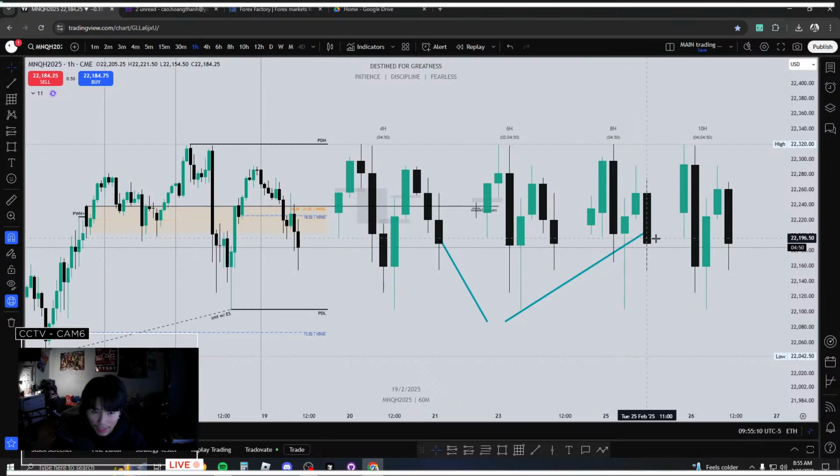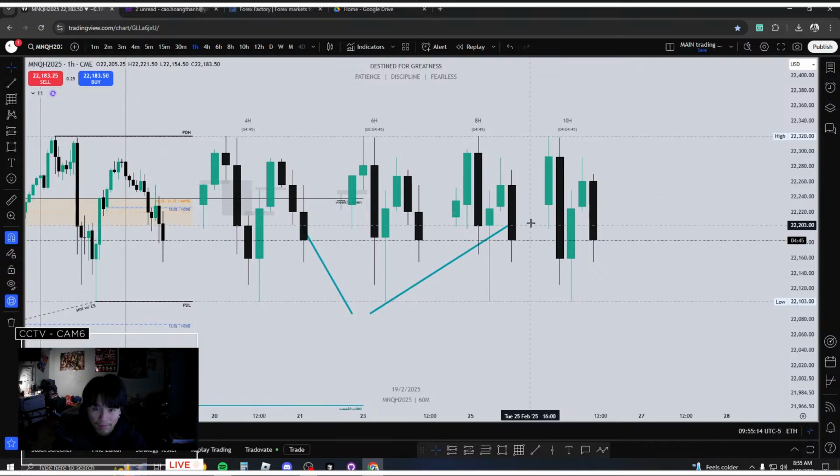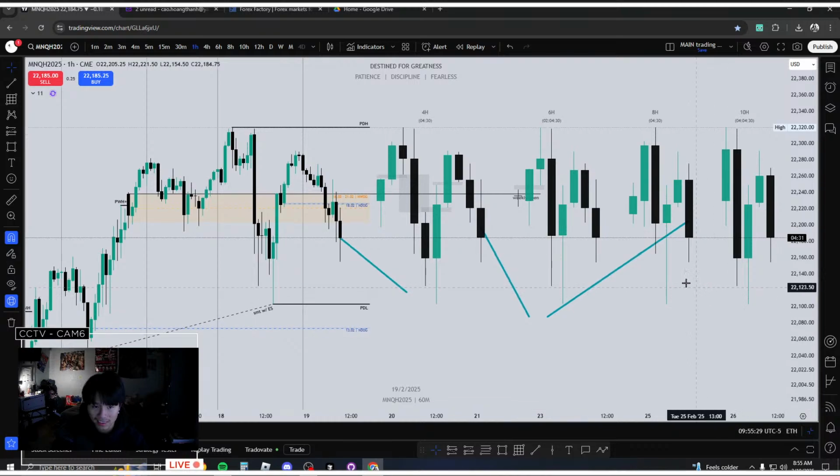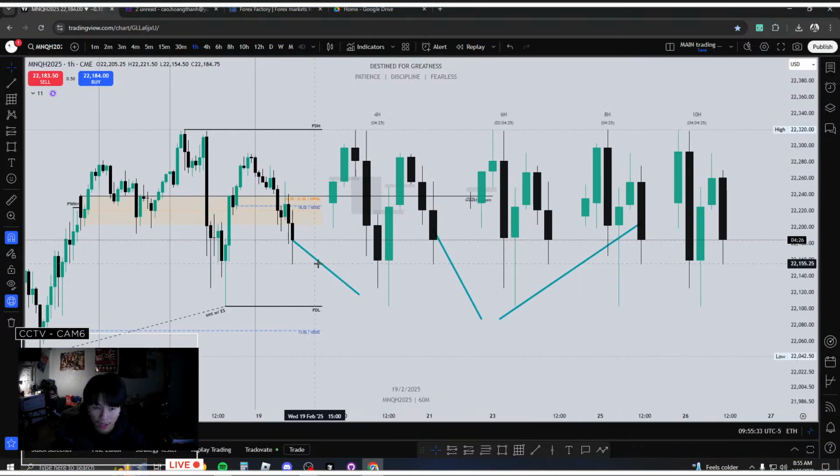So notice how this 8-hour candle is suggesting lower prices, right? If we were to close with the way that we close here on this 8-hour candle, I can anticipate prices to take out the 8-hour candle's low. But this hourly candle isn't exactly suggesting lower prices, right? It's not aligned with the 8-hour time frame.